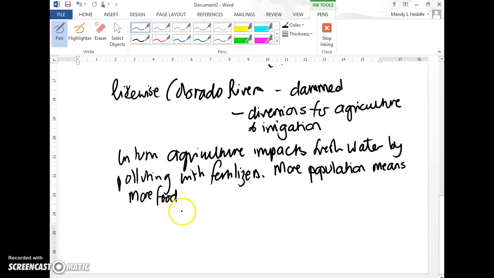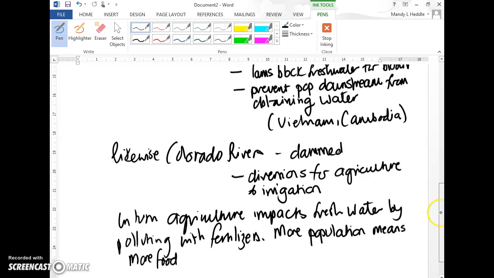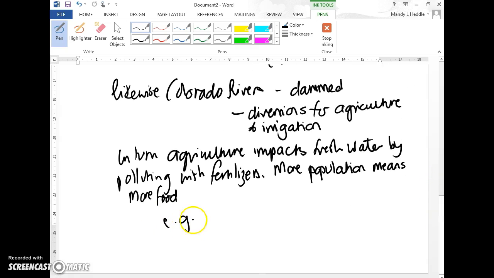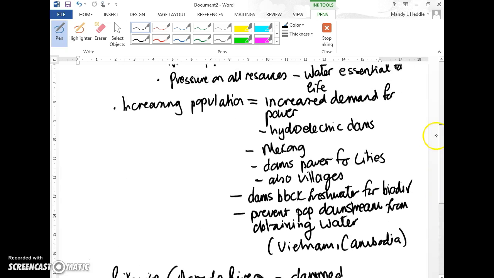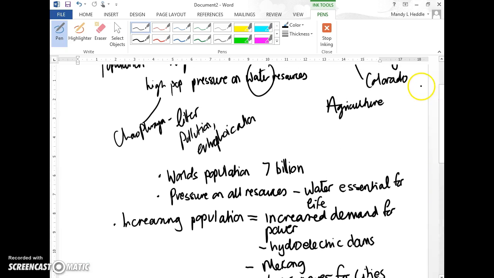Once we have eutrophication, we've got impacts to biodiversity, and we've got impacts to people being able to use and drink that water, which is toxic. For example, the toxicity of the Great Lakes, from the excess nitrogens.